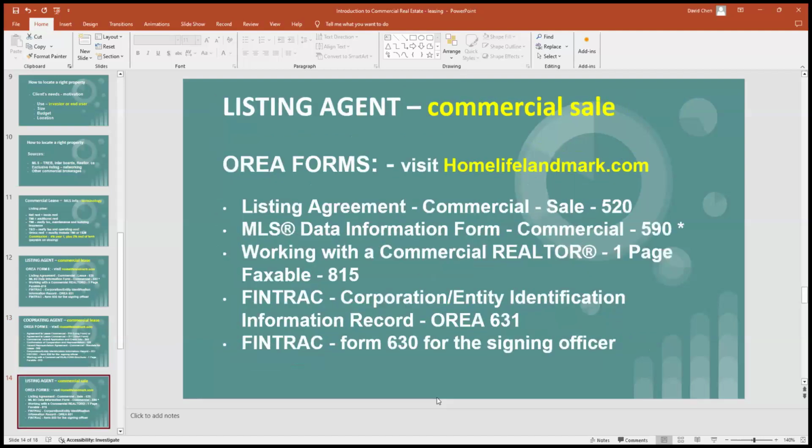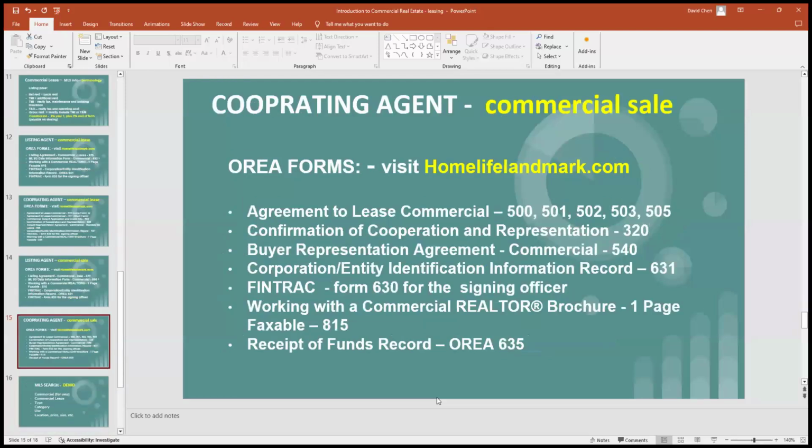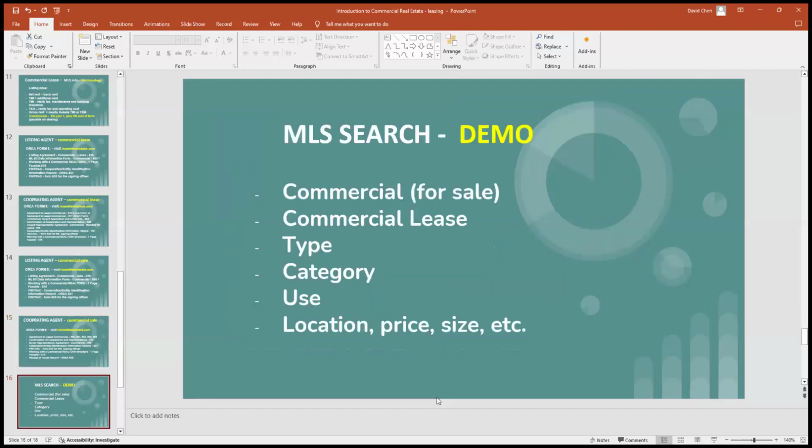Again, when you do the listing or the cooperating, the process we already talked about before. If you have time, you can go back and see the process we discussed. Here are some basics on how to do research, what type of commercial lease, and what kind of use. I'm not going to talk about that today.